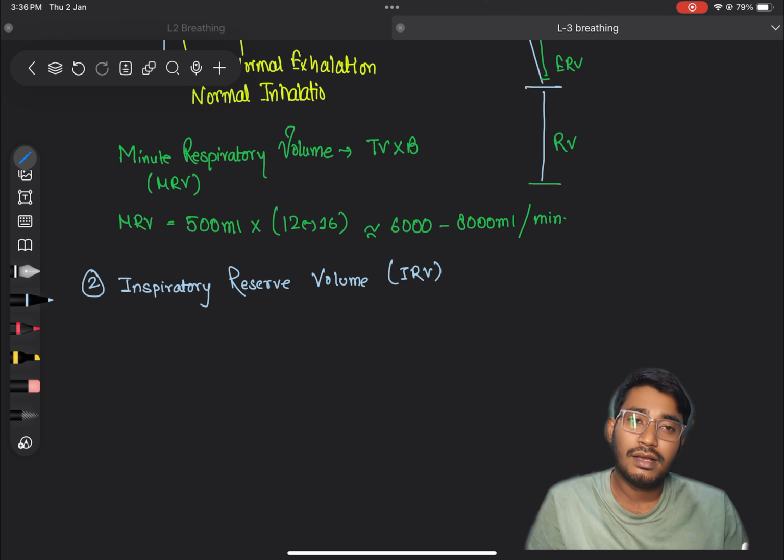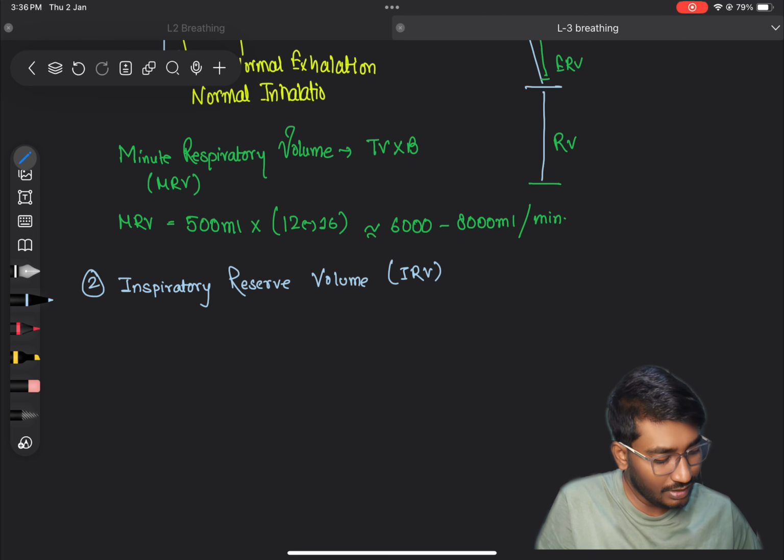When we complete a tidal volume, if on the next inspiration we want to draw additional air, we can do that also. That is called the inspiratory reserve volume.